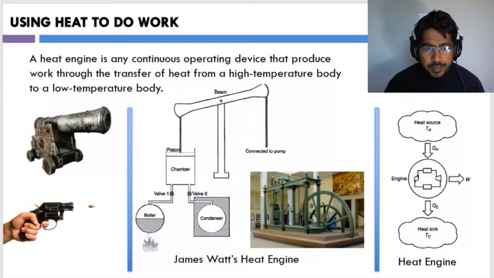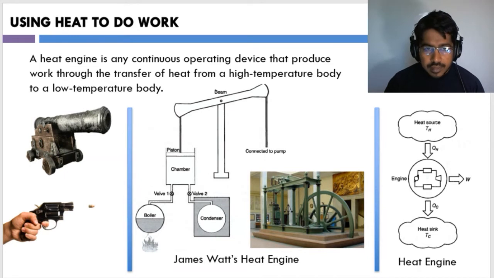After this piston reaches the top of this cylinder, we can close valve 1 and open valve 2. When we open valve 2, this is a condenser, so it doesn't have any steam. So this steam flows down to this condenser.